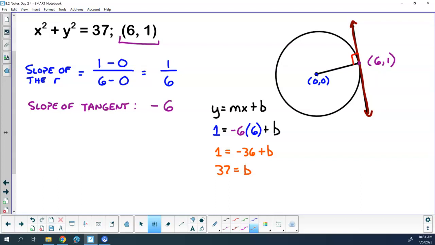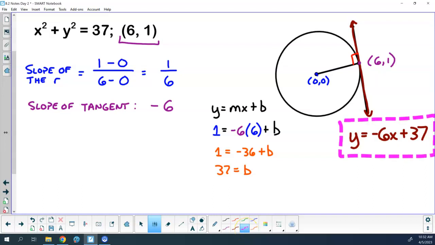Now I've got m and I've got b. So my final answer, the equation of this line, is y equals -6x plus 37. And that's the equation of the tangent line.